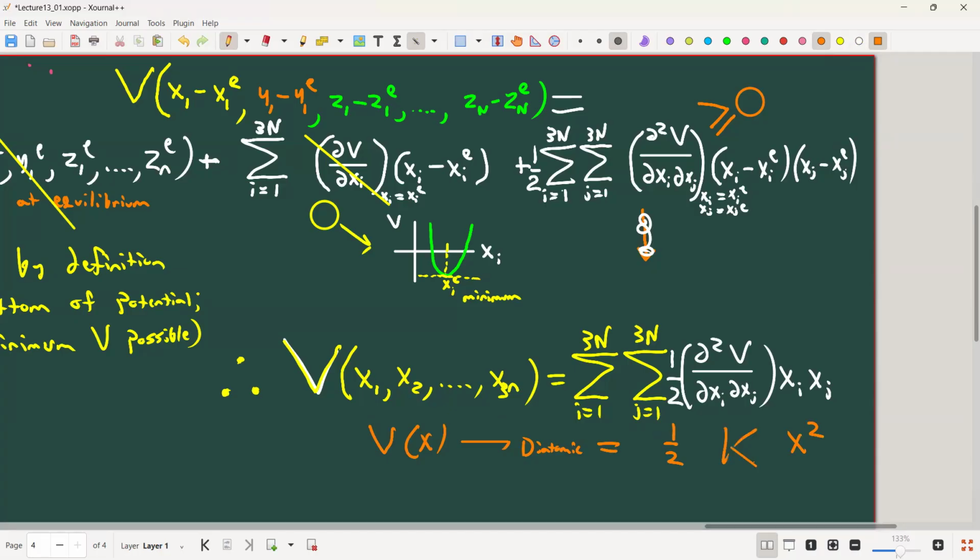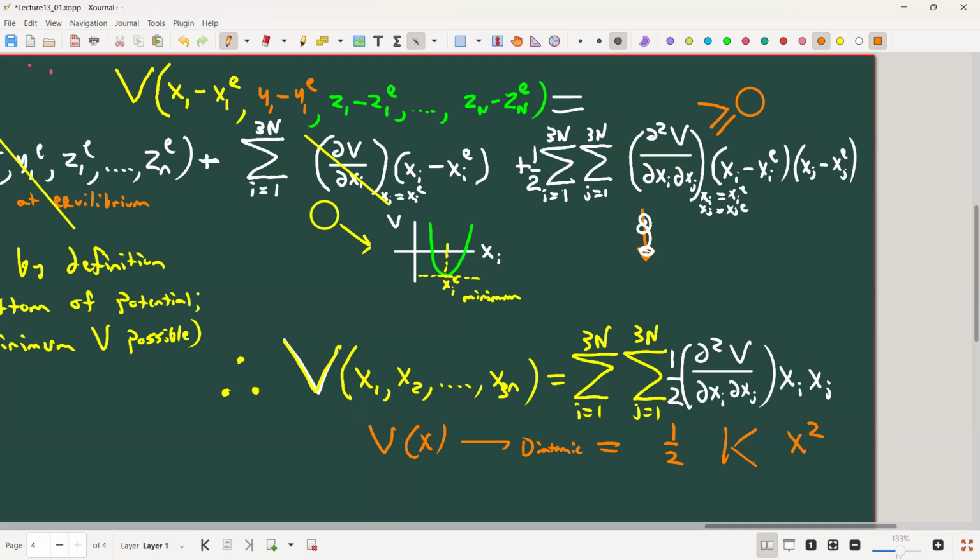So what I have here is a multidimensional harmonic oscillator potential. I've got the x squared. i and j might be the same coordinate, might be 2 different coordinates. I don't know. But the second derivative is just the force constant. It's the stiffness of the potential, the stiffness of this motion as a function of these 2 coordinates.